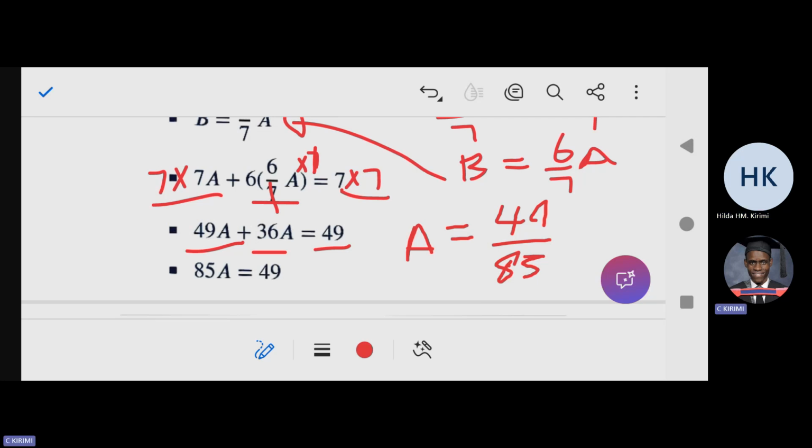Then if you want b, it means b equals 6 over 7 multiplied by a. So what will b be equal to? A multiplied by, so you just multiply here by 6 over what? 7 goes into 7 how many times? 7 times.